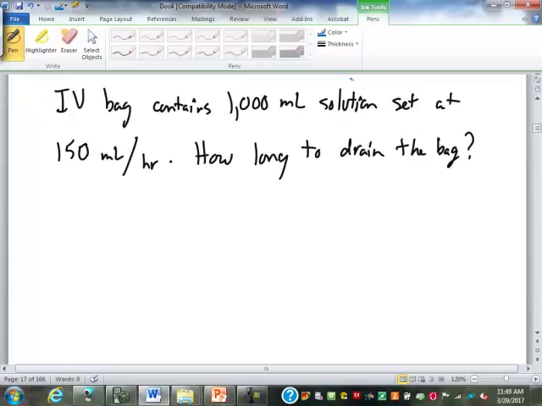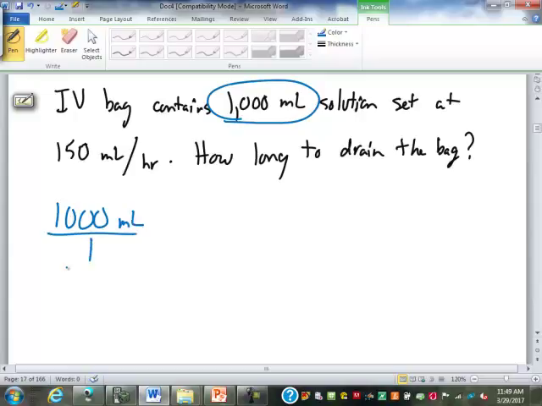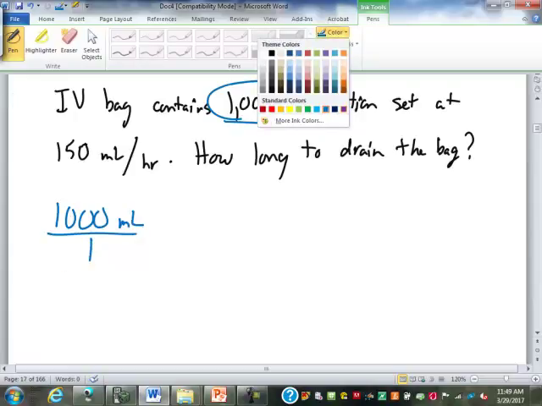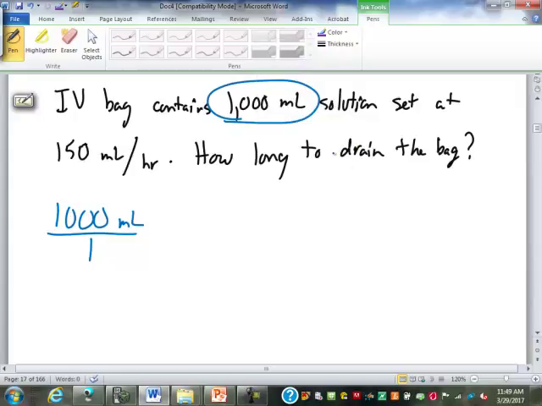So this one is relatively straightforward. We have our 1,000 milliliters is what we're starting with. Put that over 1. And we want to convert milliliters into time. Well, we have this relationship here, 150 milliliters per hour. That implies that 150 milliliters is equivalent to 1 hour of flow.